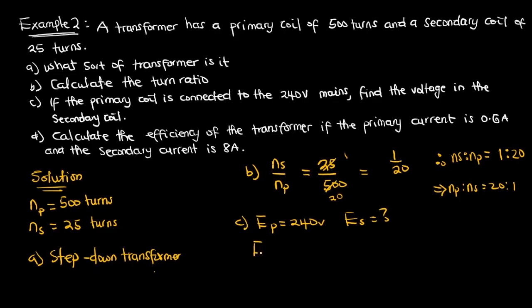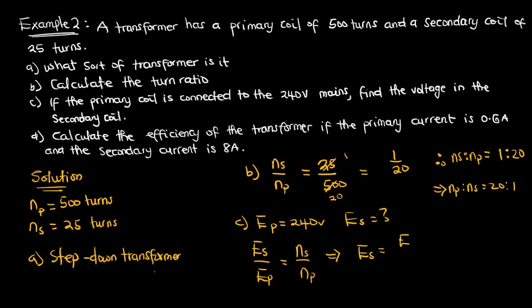So for this ES, the secondary voltage over the primary voltage is equal to the number of turns in the secondary over the number of turns in the primary. This is the ratio we'll be using. Are you okay? So from here, to make the secondary voltage the subject, ES will be equal to this multiplying this, this multiplying this.